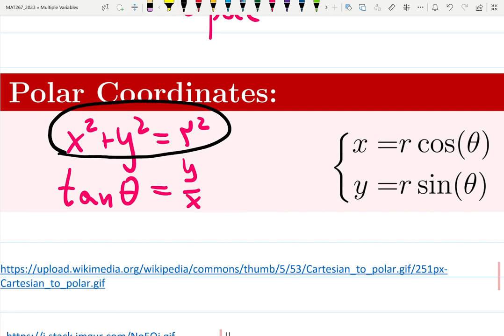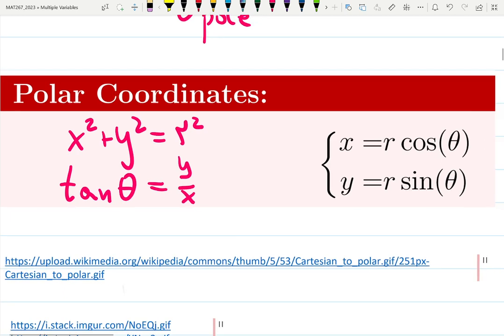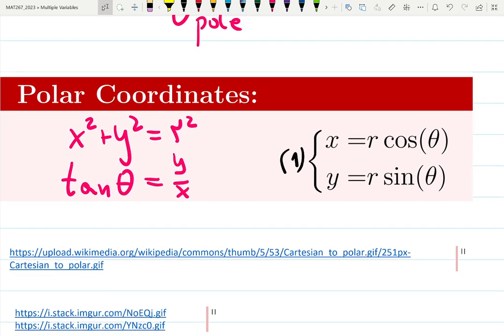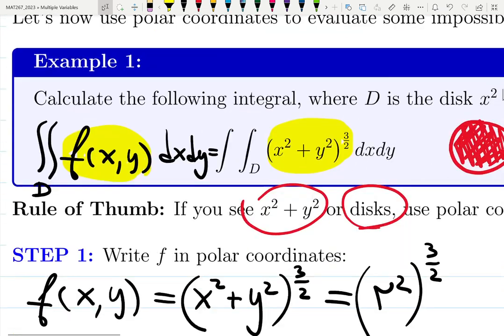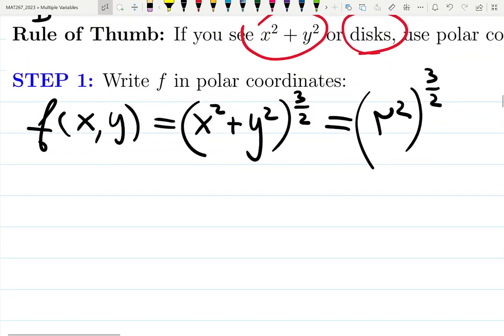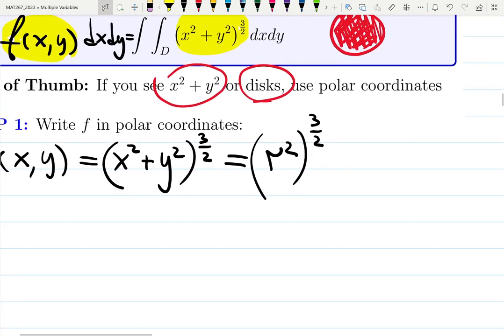So you need to be smart about that. But we only have 3 formulas, so it's not very challenging to choose one of those. Only 3 formulas. So now we have r squared to the 3/2, which is what?